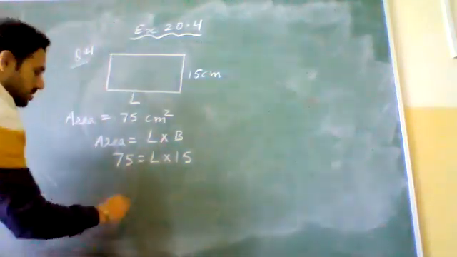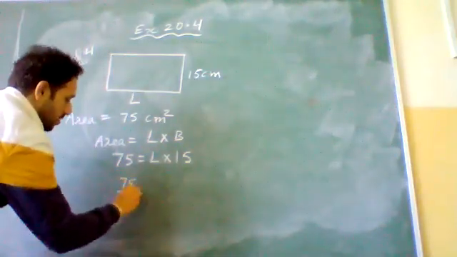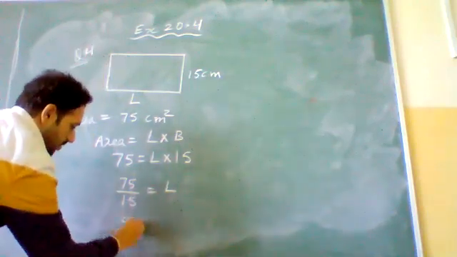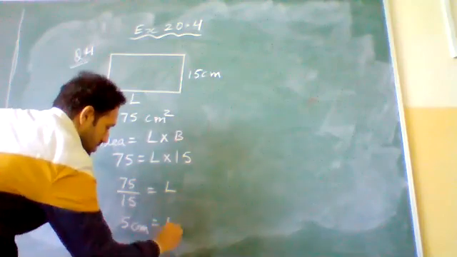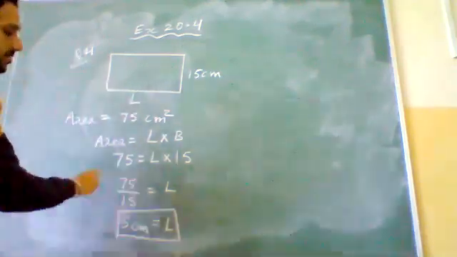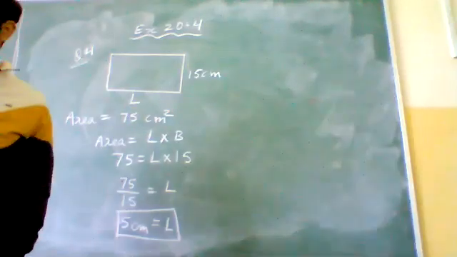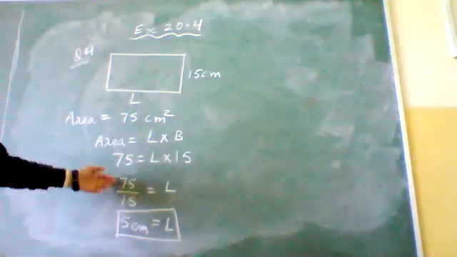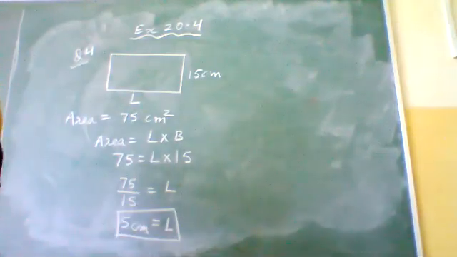Breadth is 15. So 75 upon 15 is equal to L. That means 5 centimeters equal to L. 75 upon 15 is 5 centimeters. Answer. Clear? Okay, sir.